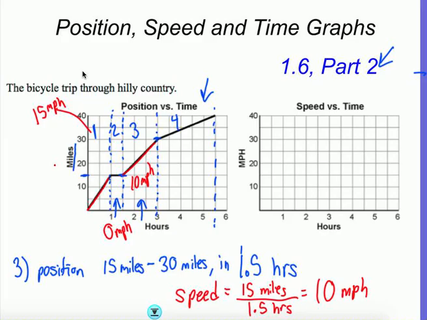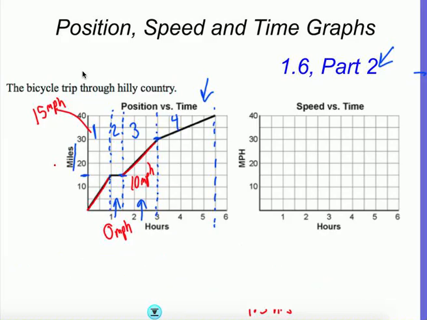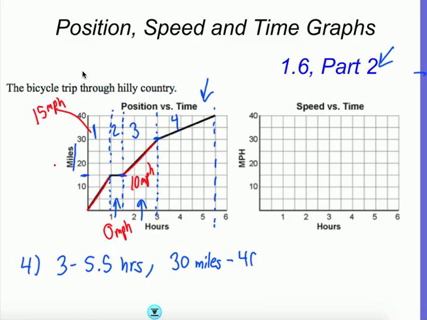And our last section is part 4. Part 4 goes from 3 to 5.5 hours, and he goes from 30 miles to 40 miles. So if we're going to calculate the speed there, it is 40 minus 30.